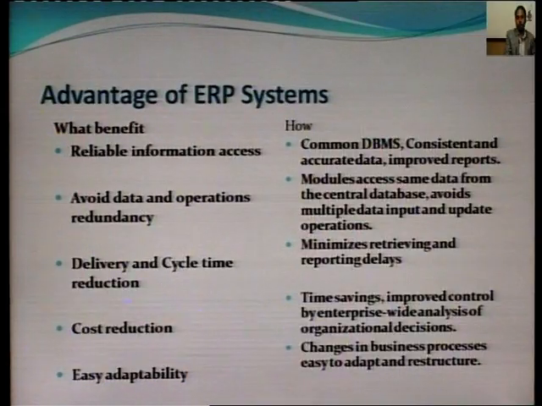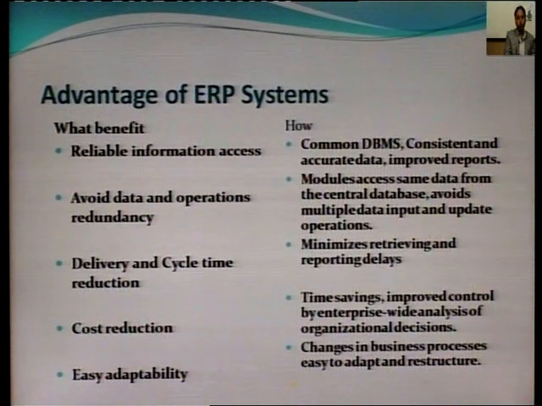It will avoid multiple data inputs and update operations. Third point is delivery and cycle time reduction. Delivery means when items are delivered to the customers, and cycle time is the overall time taken during the process. It will be minimized by the common database.